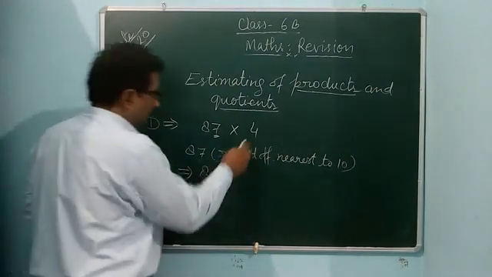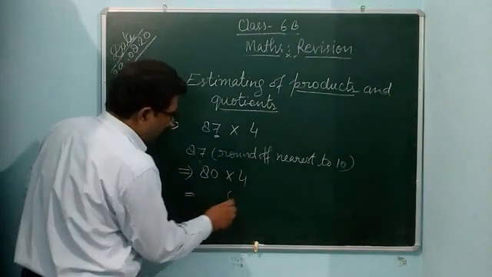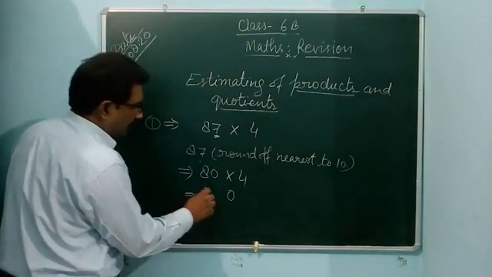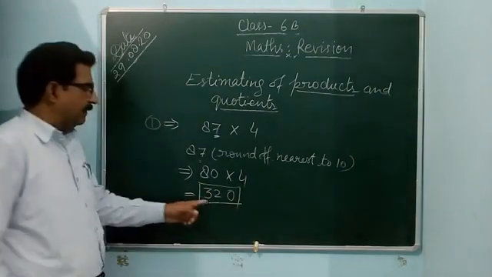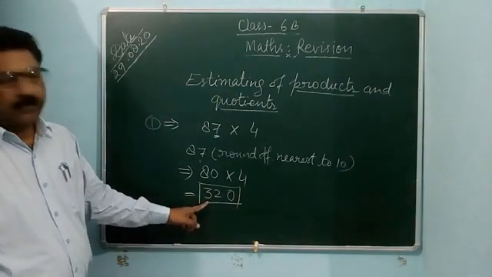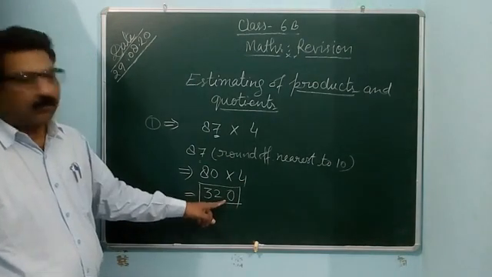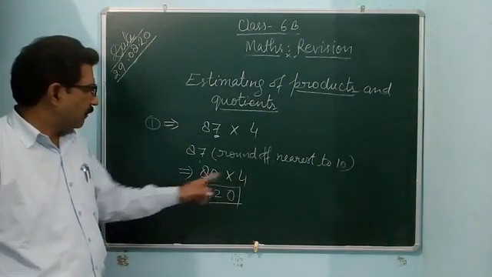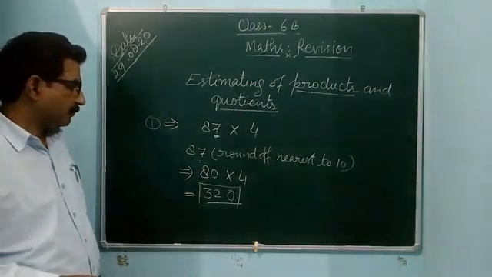And 8 multiplied by 4 is 32. So 80 times 4 is 320, and 320 is the estimated product.